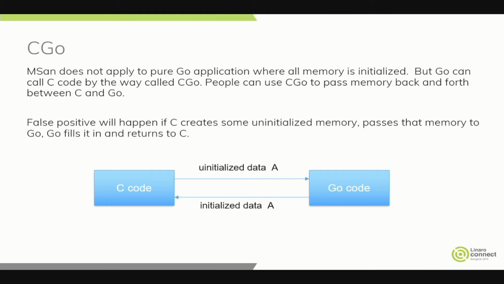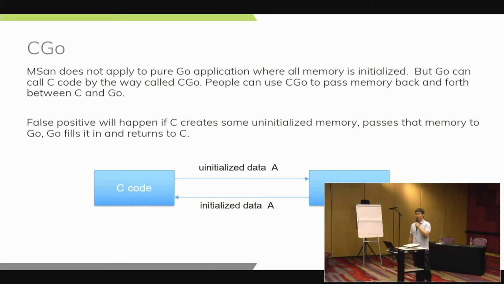But Go can call C functions through what is called CGO. People can use CGO to pass memory back and forth between C and Go. So if C creates an uninitialized memory and passes it to Go, and Go fills it in and returns it back to C, the C code will not be aware of this initialization.